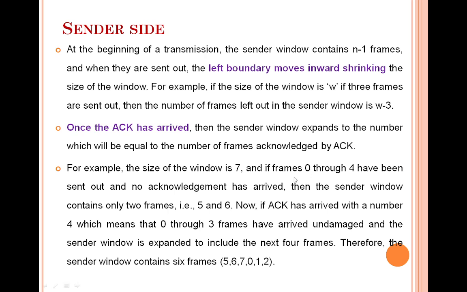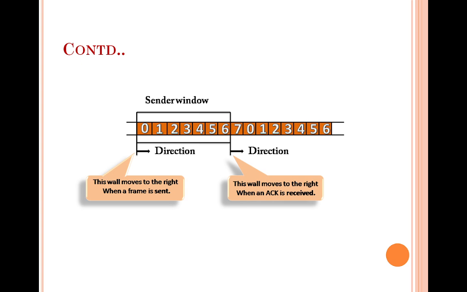Here let us discuss that example. Now you can see that is an imaginary box, or sliding window. Here we can send 7 frames. This one is a wall of that particular window. The wall moves to the right when a frame is transmitted.